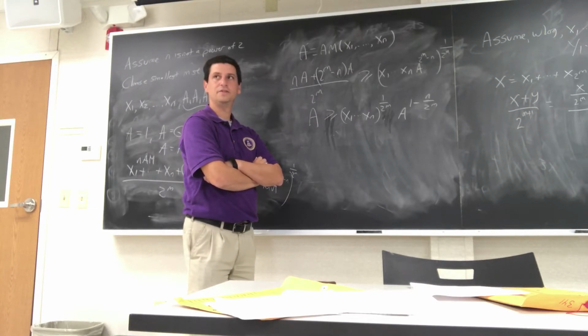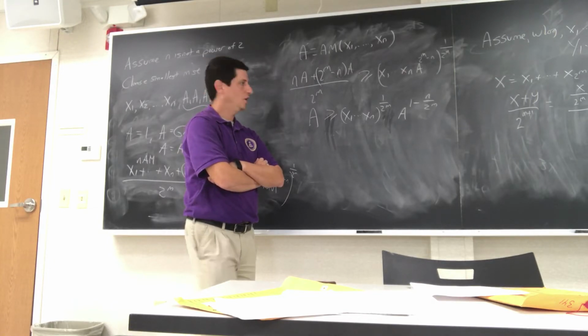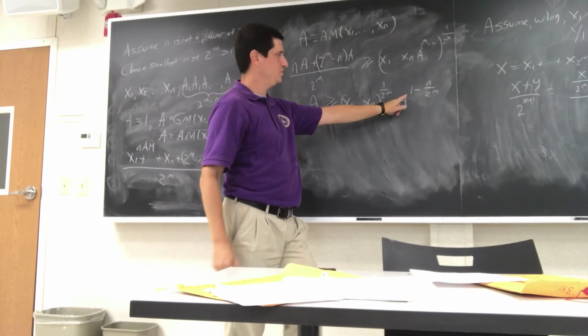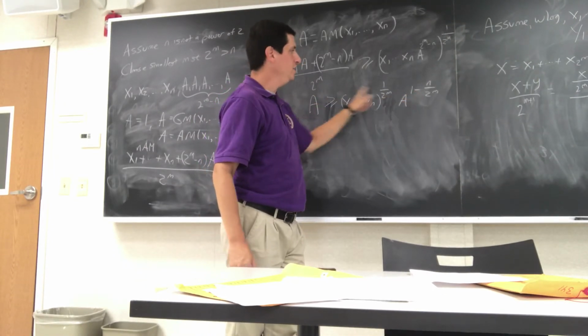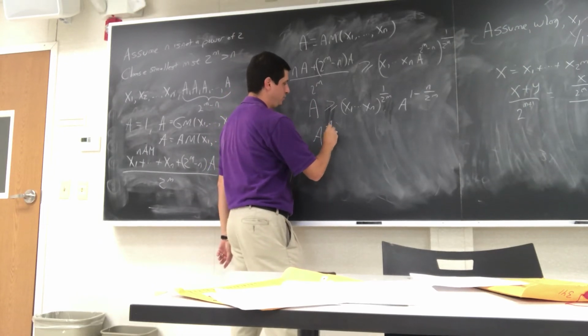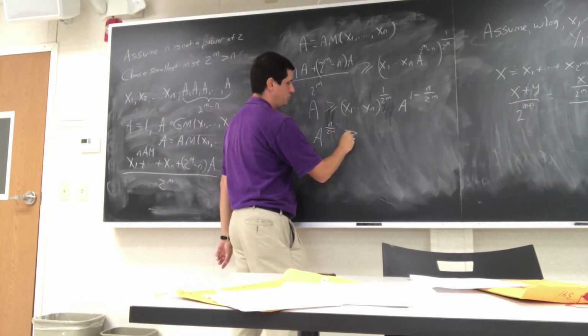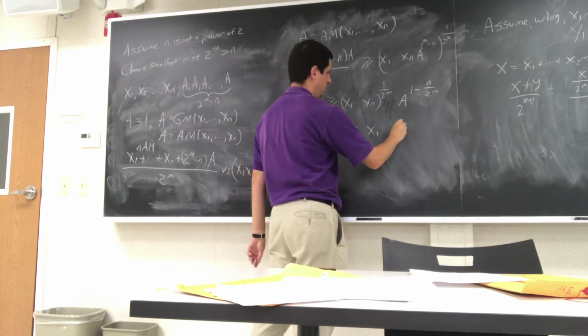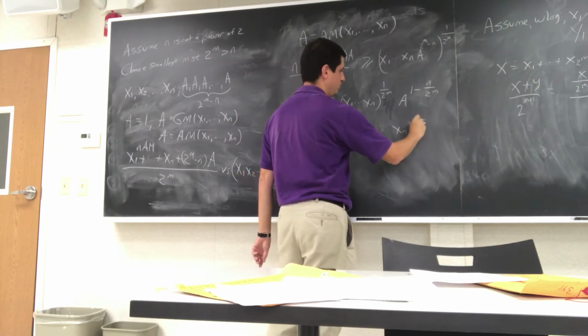Yes? Okay. I've got a to the first power on both sides, so that cancels. I'll bring a to the n over 2 to the m to both sides. So I have a to the n over 2 to the m is greater than or equal to x1 through xn to the 1 over 2 to the m.